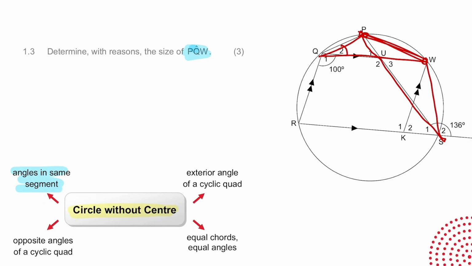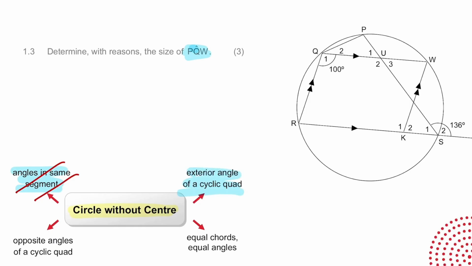If that was drawn in, and if we knew the angle over here, we could have used angles in the same segment. But the way this question has been presented, there's no help coming from that area. So we're going to put a line through our angles in the same segment because they're not going to help us. The next thing to consider would be exterior angle of a cyclic quad.